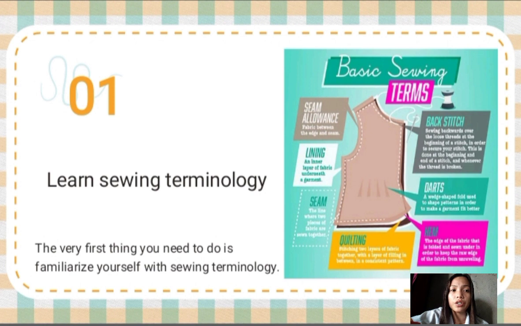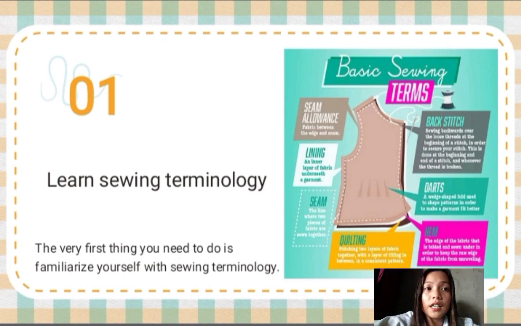The very first thing you need to do is familiarize yourself with sewing terminology. So these are the basic sewing terminologies. First is seam allowance, fabric between the edge and the seam. Next is lining, an inner layer of fabric underneath a garment. Next is seam, the line where two pieces of fabric are sewn together.